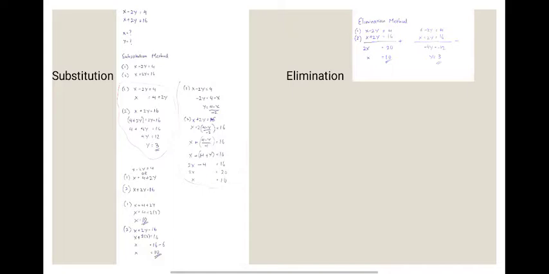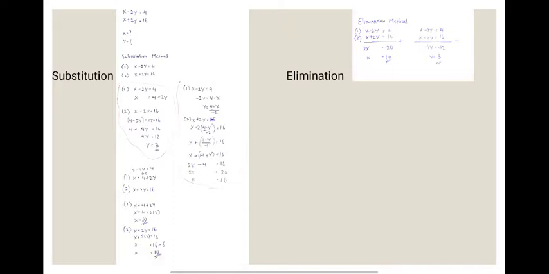Okay, that's it. And below that, we are going to do something about the second equation. So I rewrite the second equation, x plus 2y equals 16. Now we are going to do the substitution. In the first equation, we already got x equals 4 plus 2y.